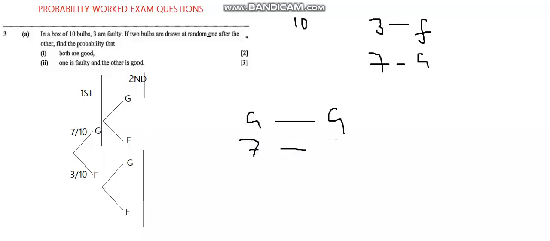That means in the second selection we can't have 7 again if good has to be picked, so it will remain 6. Now if good remains 6, here the total was 10. The total can't remain 10 again. The total remains 9. If you picked good and good, here we have 6 over 9.